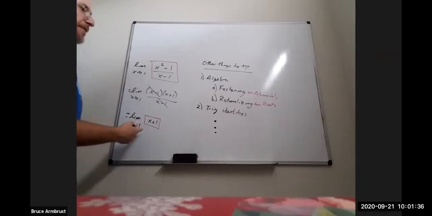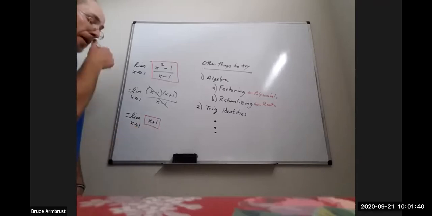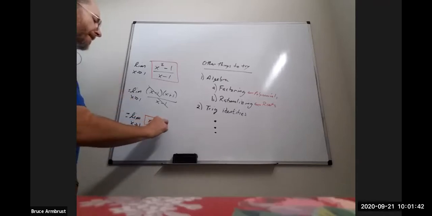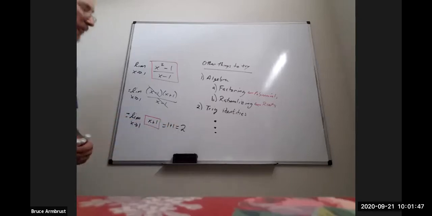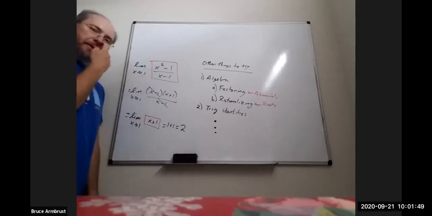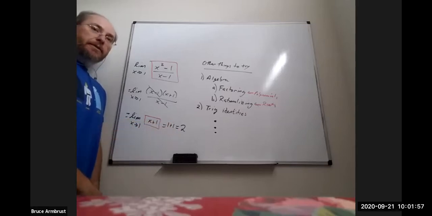Well, now I've got a function that I can just plug in. I can plug in 1. And when I plug that in, I get 1 plus 1, which is 2. And I'm pretty confident that this was the function that we looked at last time. And if you go back and you look at what numerical approximations we were finding, numbers that got really, really close to 2.